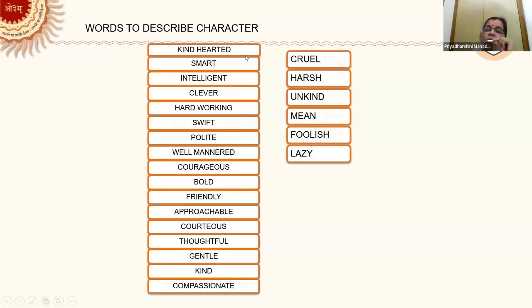Try to focus more on positive qualities, so that we are, in turn, building their character, right? So teach them a lot of positive words. When they come across 1 or 2 characters like unkind, foolish, and lazy, they should also be able to identify those characters. There is nothing wrong in teaching them, but tell them to use a lot of positive words when they write the character sketch.